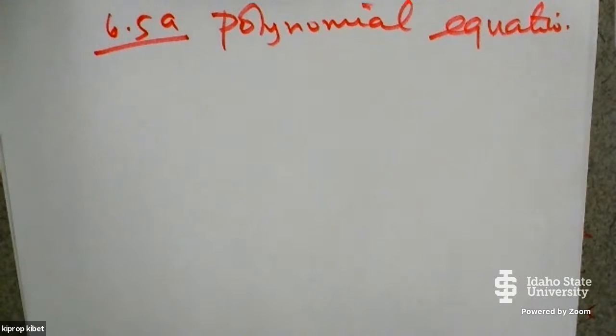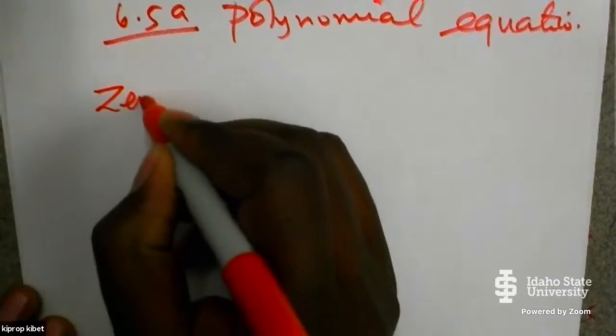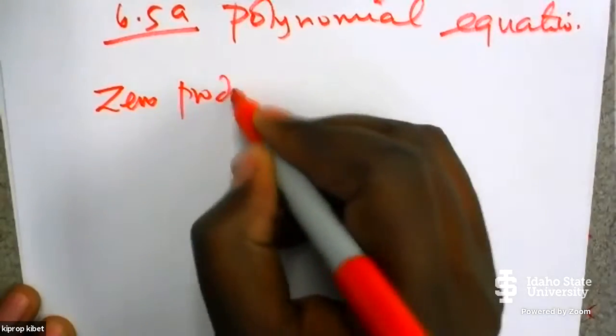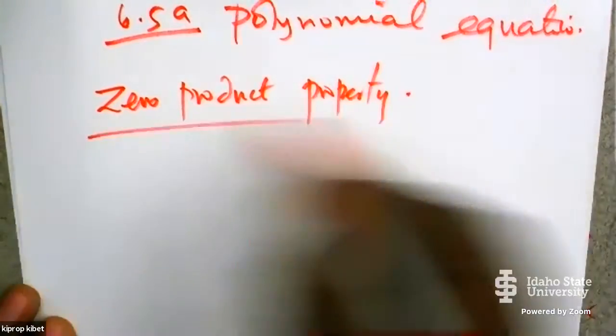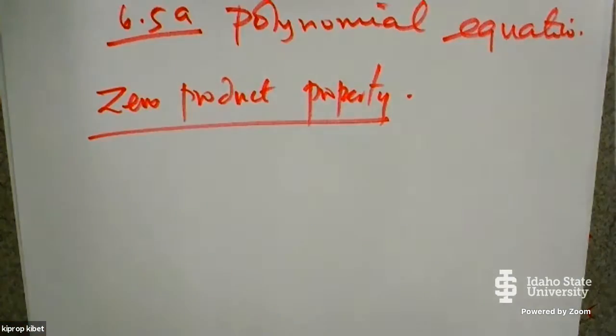So do we still remember the zero product property? You still remember that? Zero product property. Yeah, we did it, right? Like a few weeks ago.